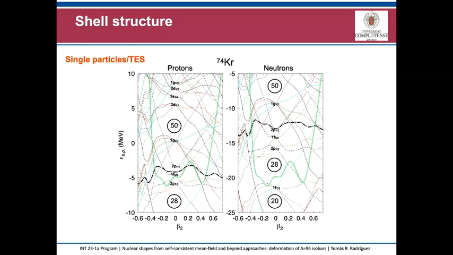So it's a complementary description of what the shell model also uses for describing excited states and deformation. Normally, these are based on an underlying spherical shell model.